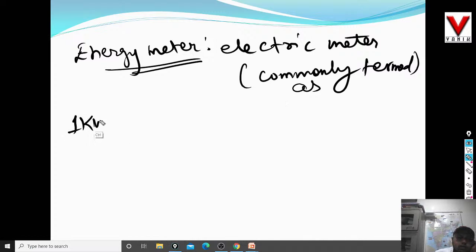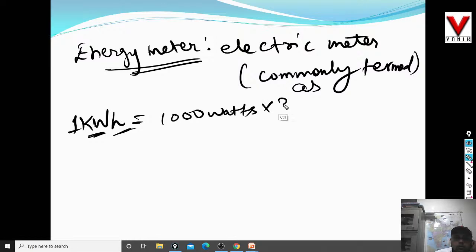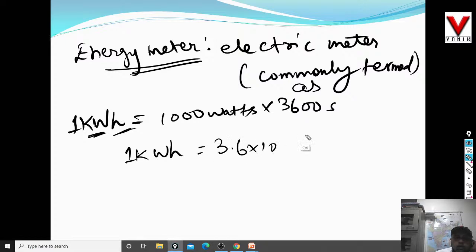Now 1 kilowatt hour. 1 kilowatt means how much? 1000 watts. 1 hour means into 3600 seconds. So 1 kilowatt hour can be written as 3.6 into 10 to the power 6 joules.